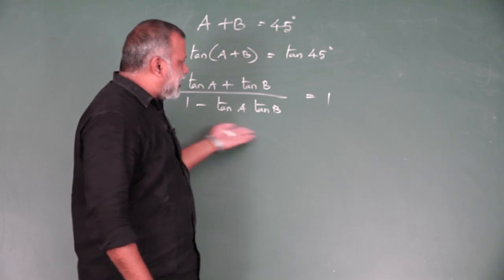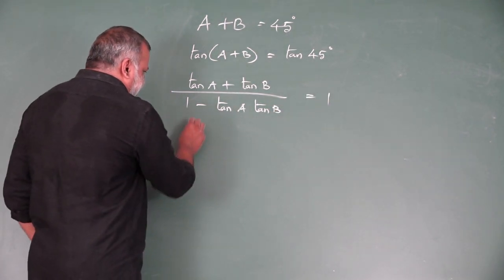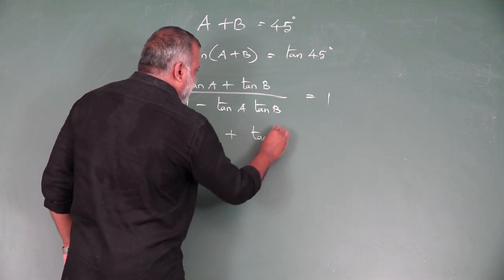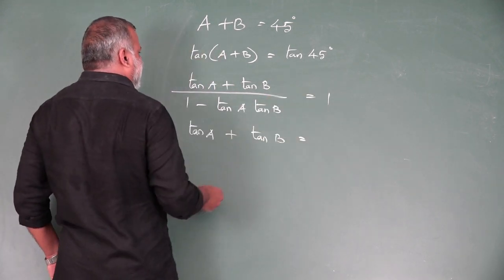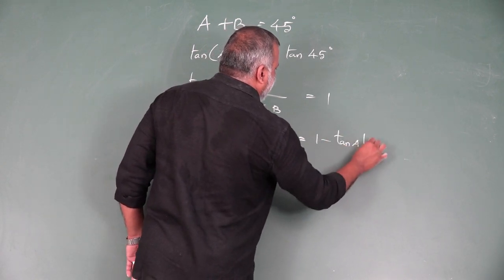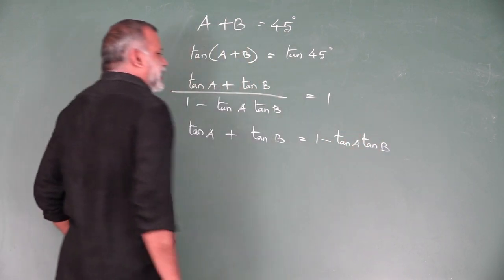Now cross multiplying the denominator, we get tan A plus tan B equal to 1 minus tan A tan B.